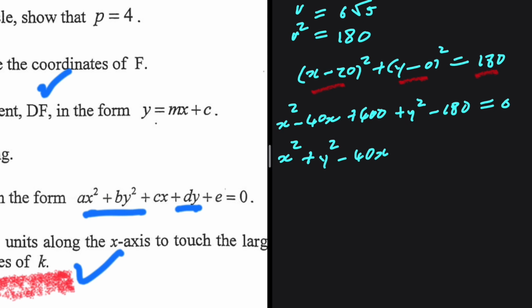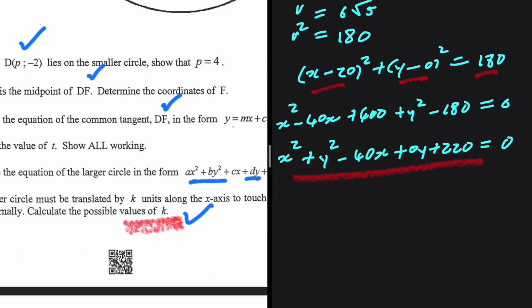Which term has a coefficient of y? There's no term with a coefficient of y, so just to act cheeky, I'm going to say plus 0y. And then 400 minus 180 is plus 220. So plus 220 is equal to 0. I'm supposed to write the equation of the circle in that form. Okay, that is 4.5.